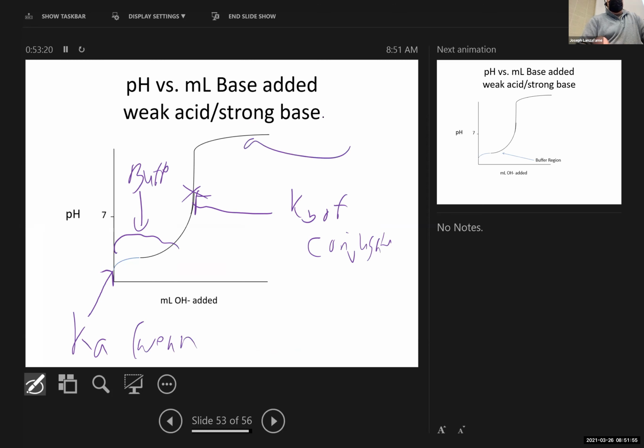And for good measure, this was just a strong base, right? And so, as I advertised going in, my titration is really everything we know about acids and bases in one analytical technique.